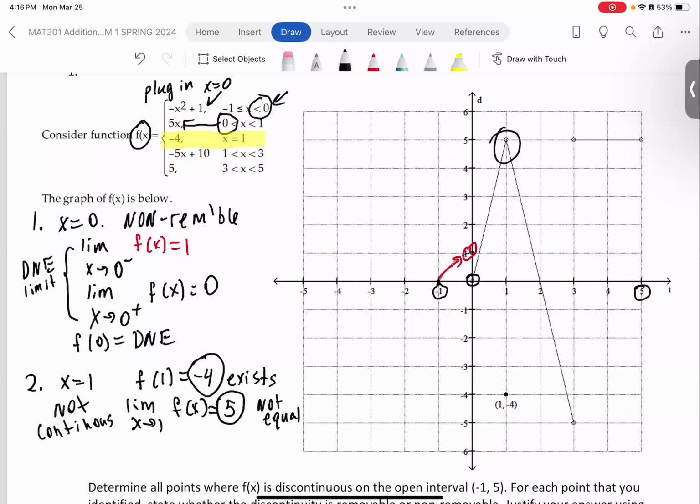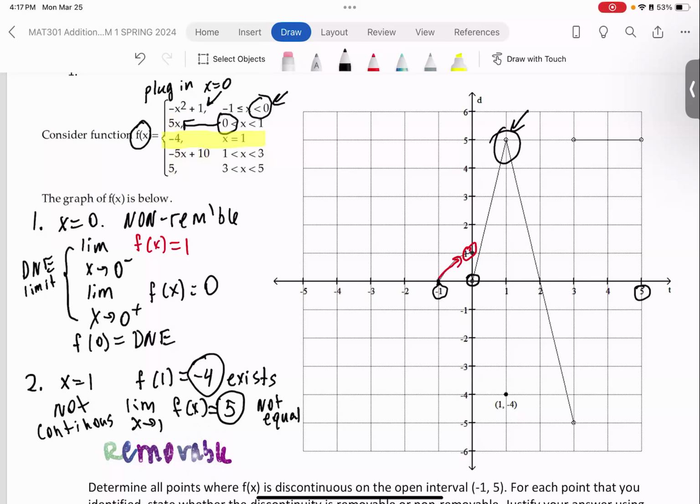Now, the next follow-up question is, of course, to say whether it's removable or non-removable. Why? Yeah, it's removable because the limit on both sides is the same. The limit wants to be at 5.